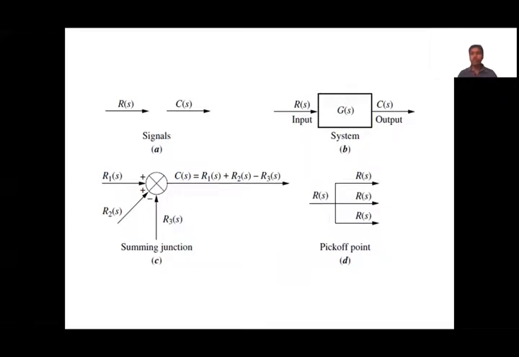So this pick off or take off point is useful where we need to apply the same signal to a number of systems. We have to split this signal equally. The same signal we have to send in three lines for three systems. There you can use this takeoff or pick off point.